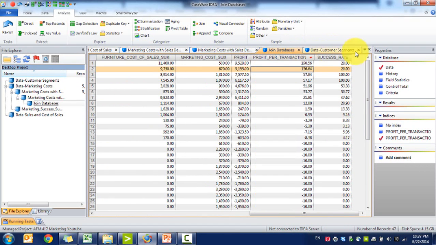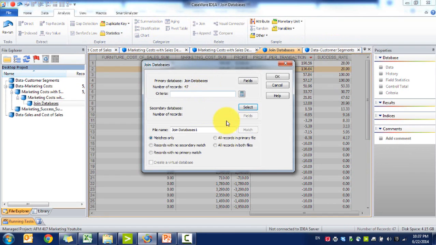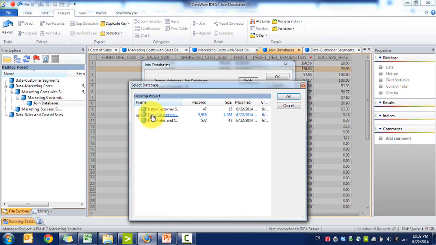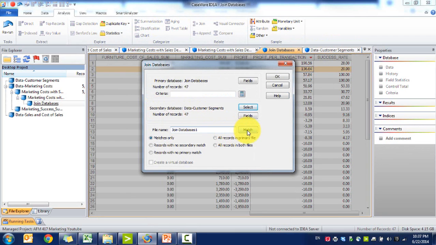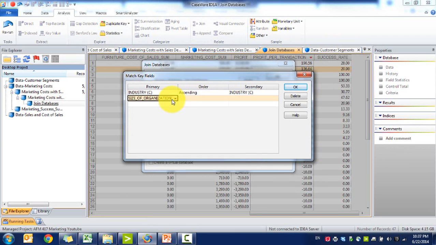Join database, not that great a name, so probably we should have changed it, but not a problem. Let's change it here. And then we want to join it based off industry, size of the organization, and then number of kilometers.